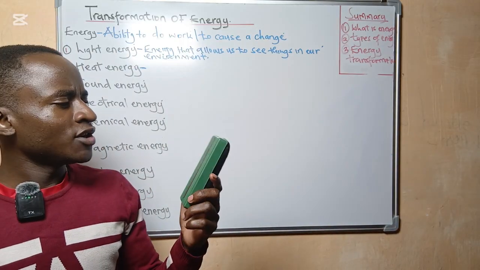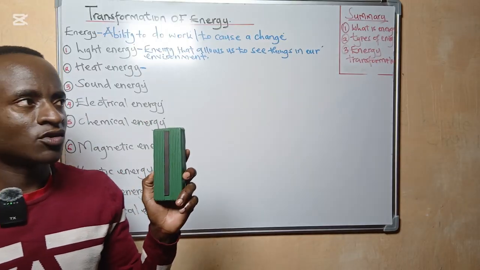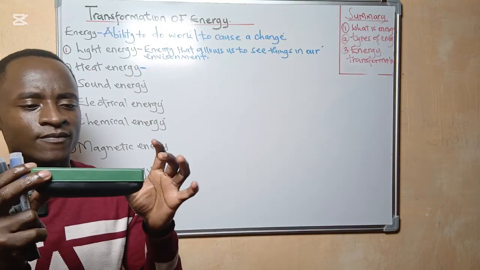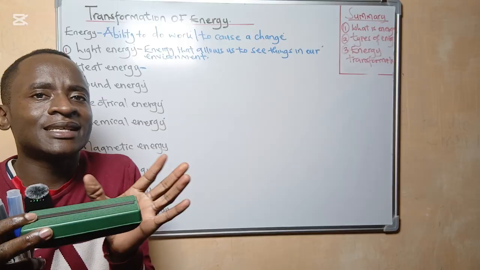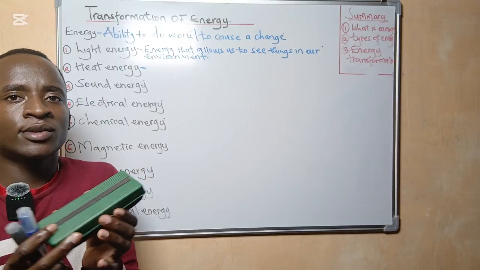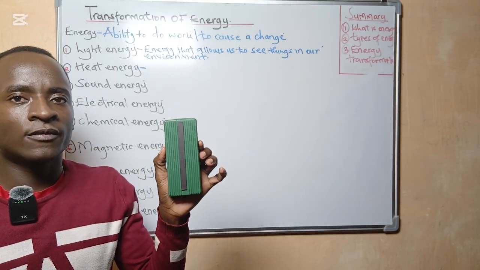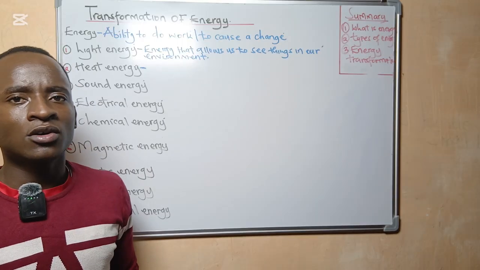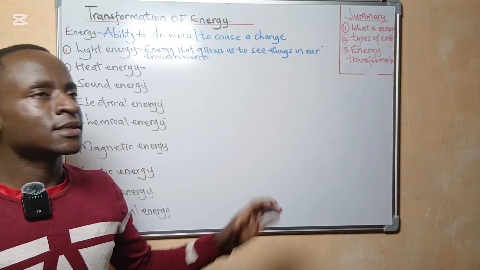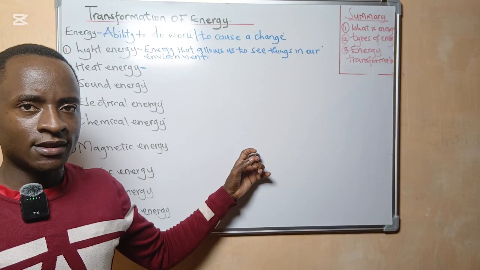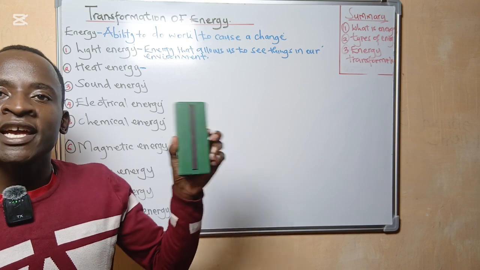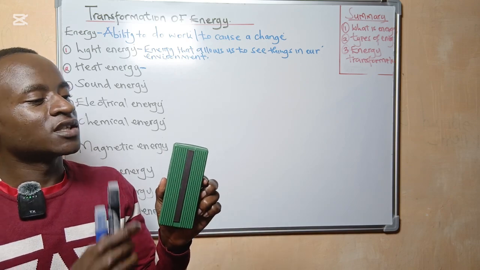Let me use this duster here to demonstrate something. This is a body. A body, in simple terms, is an object. So this is a body on its own, then also this is a body, then this is a body, right? So a form of energy a body has because of its temperature.